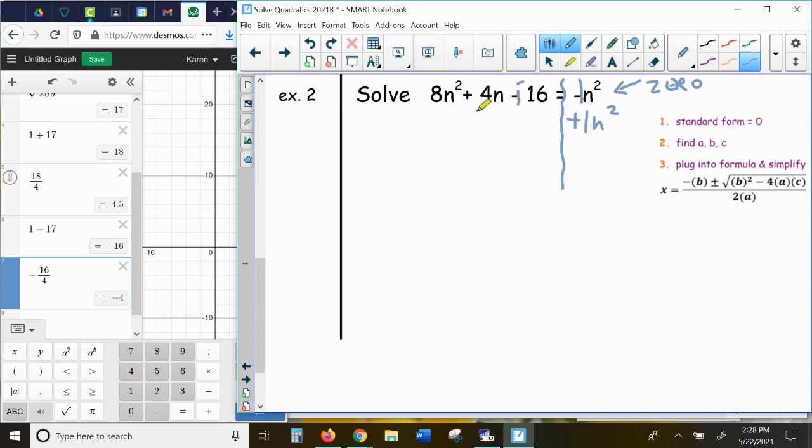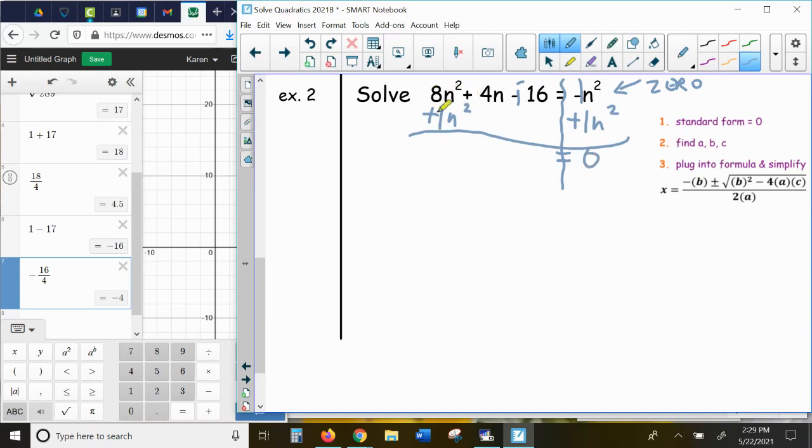I could put it anywhere I want over here, but I notice that it is actually a like term to this. So while I'm at it, I might as well put it right underneath him, because I know I'm about to combine those together. Plus 1n squared. Okay, so on the right-hand side, I get my 0, which is what I wanted.